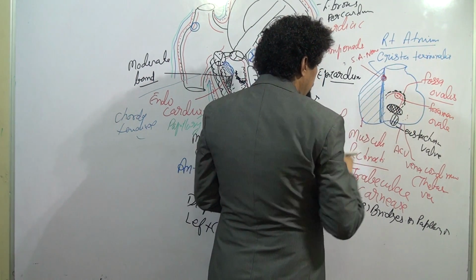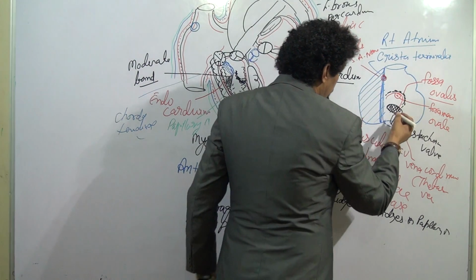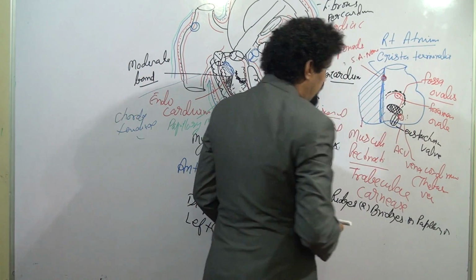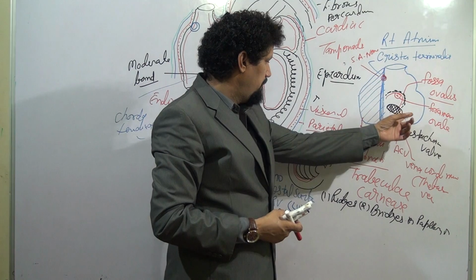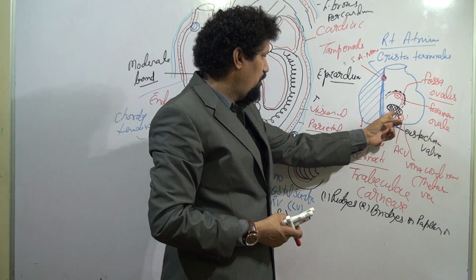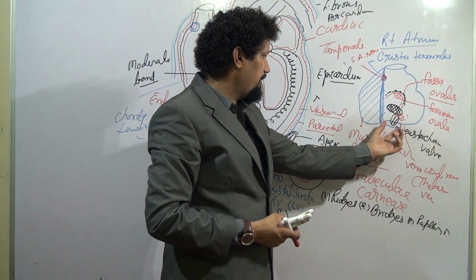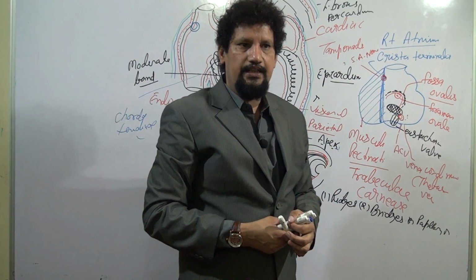So this is the location of the AV node, below the opening of the coronary sinus. So this is the right atrium, the fossa ovalis, the opening of the coronary sinus. This is the opening of the inferior vena cava, and here is the location of the AV node.